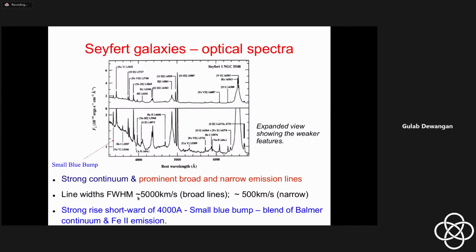The full width at half maximum of these broad lines can be of the order of 5,000 kilometers per second, and it can range from a few thousand kilometers per second to 10,000 kilometers per second.